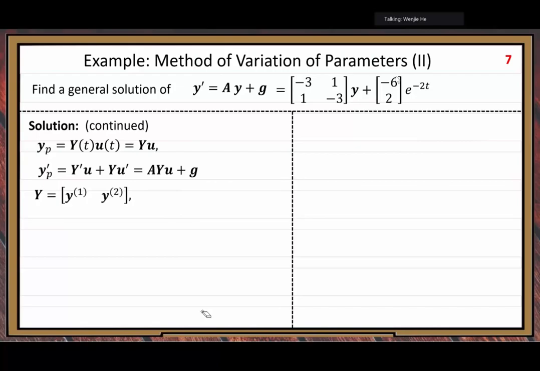That's what we have so far. Y1 satisfies the homogeneous equation. Y2 satisfies the homogeneous equation.